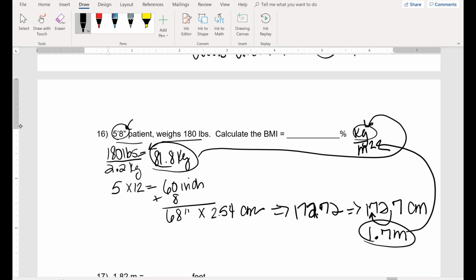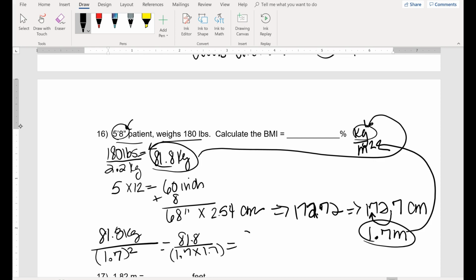So we have kilograms, 81.8 kilograms divided by meters squared. So we have to take 1.7 and square it. And in order to square it with your simple calculator, you just multiply 1.7 by 1.7, so 81.8 divided by 1.7 times 1.7.